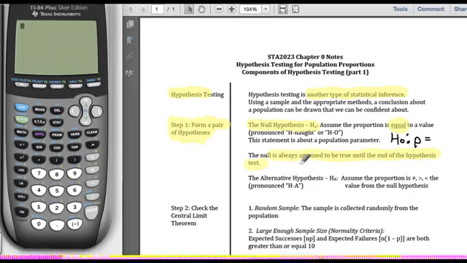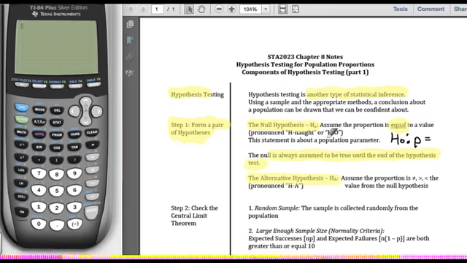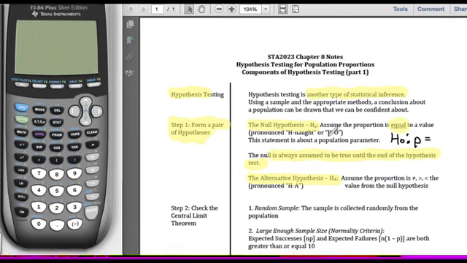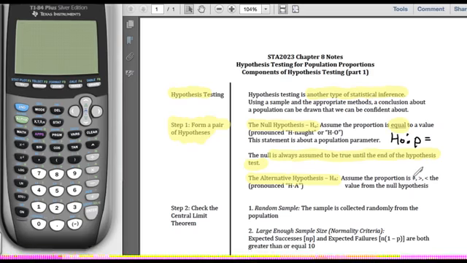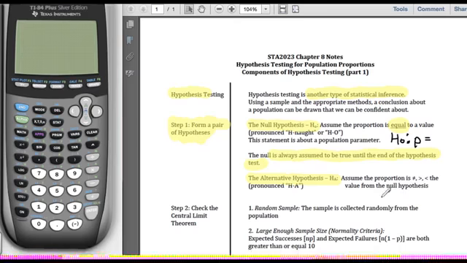In addition to the null, the other option is the alternative hypothesis, the HA. This assumes, based off of some new information, some change, some difference, that the proportion is now not equal to, greater than, or less than the original value from the null hypothesis.